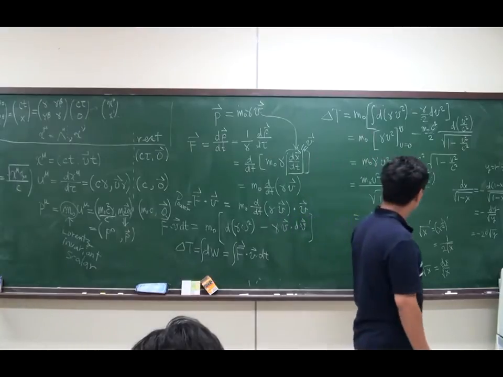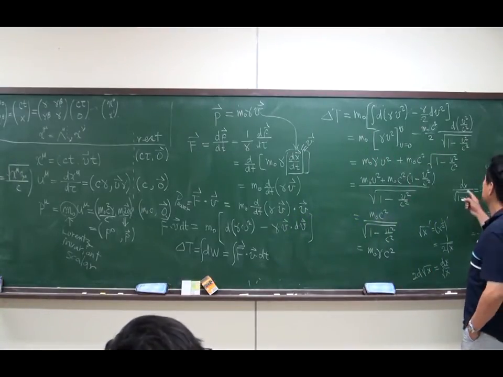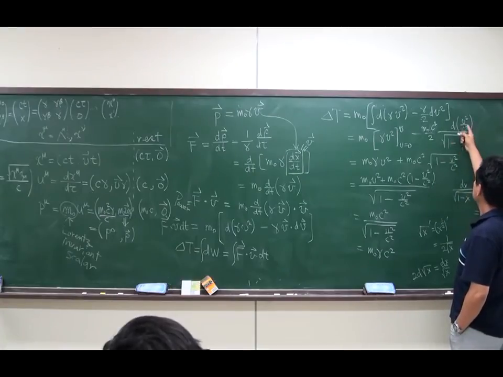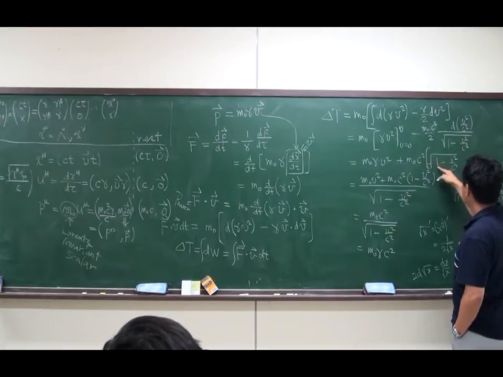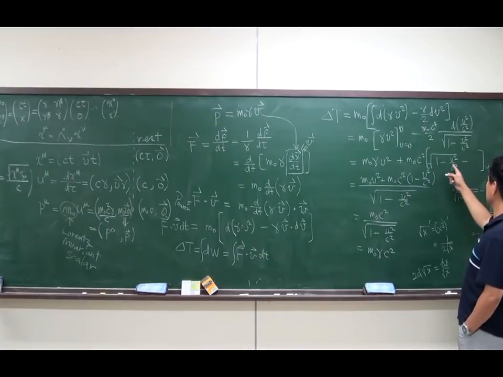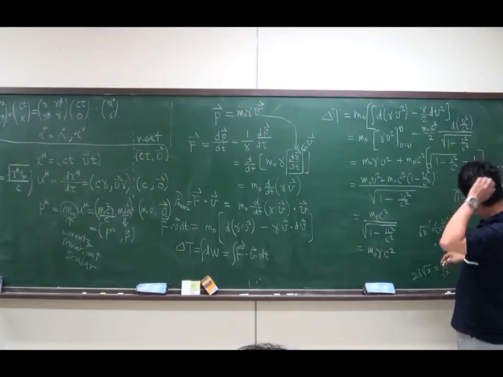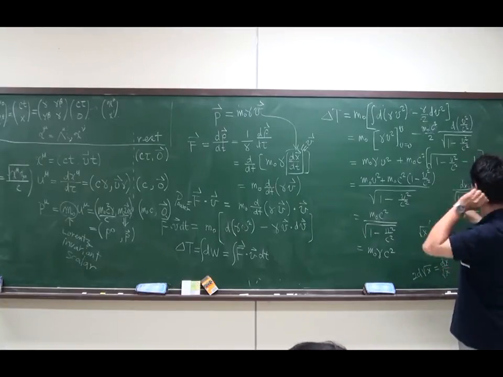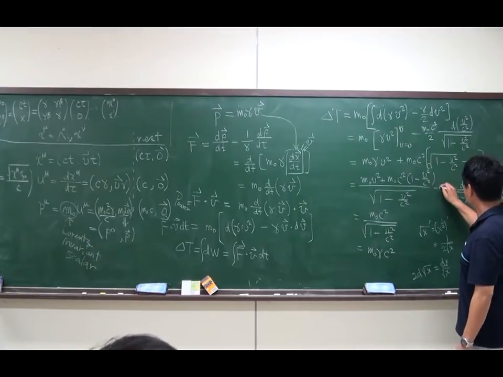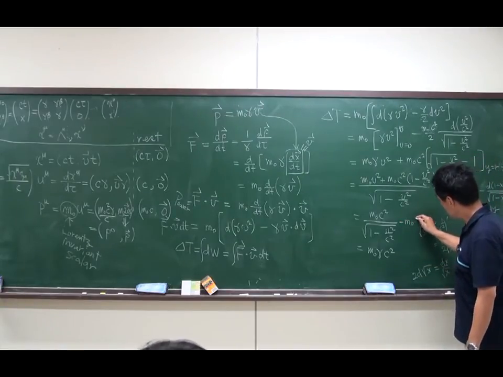However, I think I missed something. Because here, this is the integral and this is the final value, and so I must subtract the initial value where v equals 0. So there should be 1, right? So minus m0 c squared is missing.